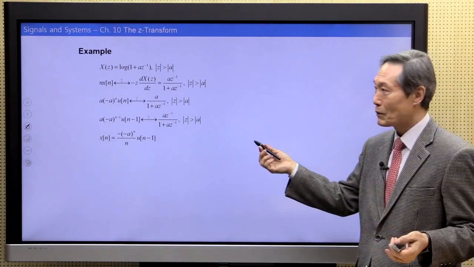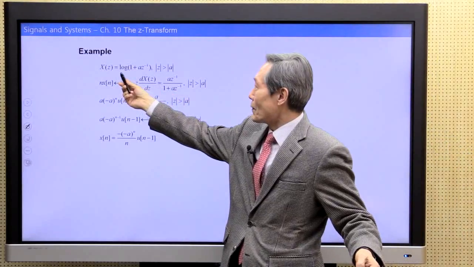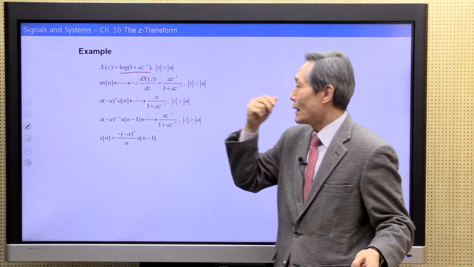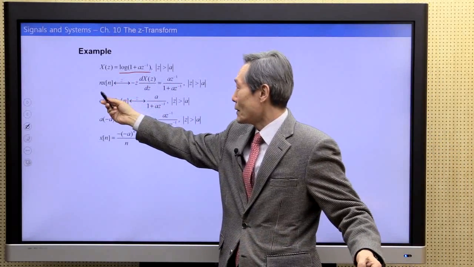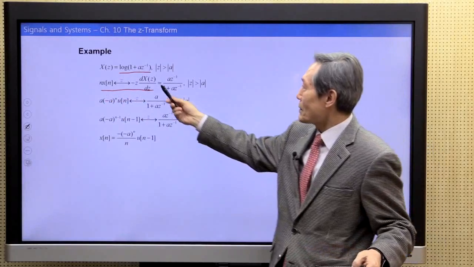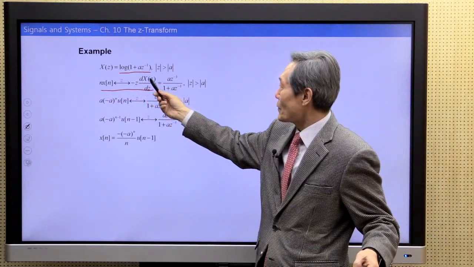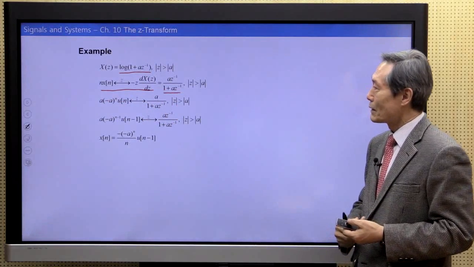Okay, in this example, we consider a G-transform in that form, and we take advantage of the relation we just saw. If we consider that one, this one turns out to be that.